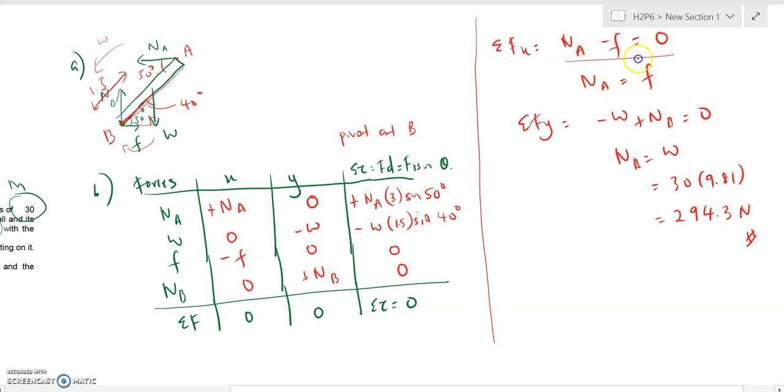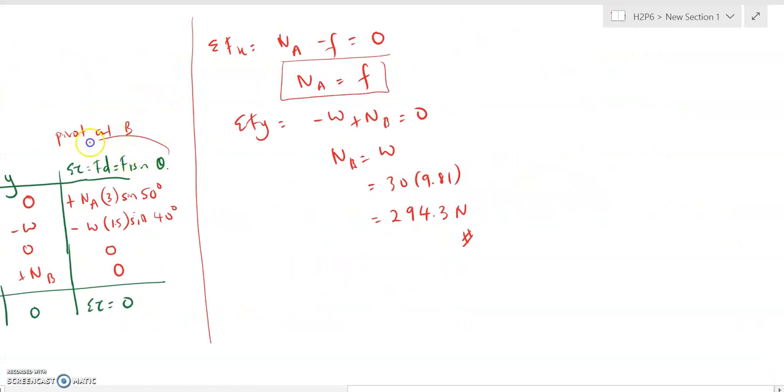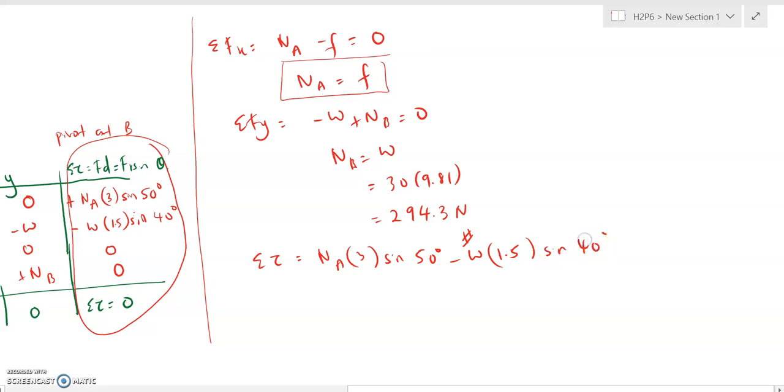So we cannot use the force equations for NA, and we are left with torque. We use summation of torque: NA times 3 sin 50 minus W times 1.5 sin 40 degrees equals 0. Bringing the whole thing over, NA times 3 sin 50 equals mg, the weight, 30 times 9.81 times 1.5 sin 40 degrees.